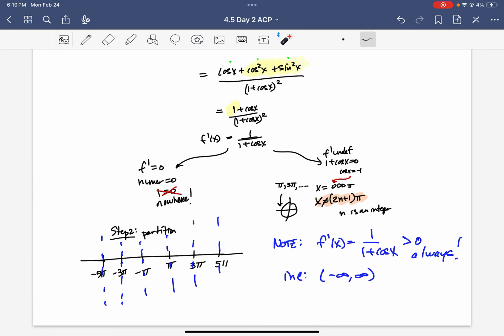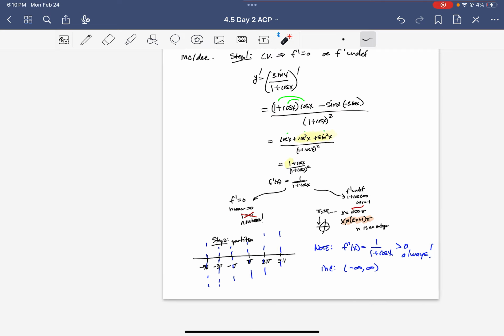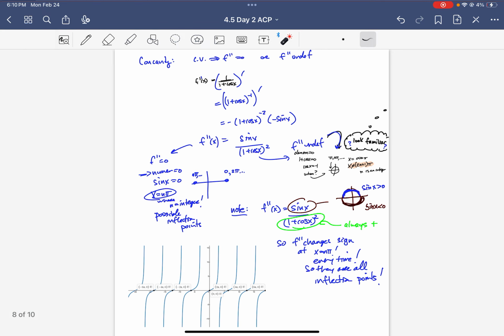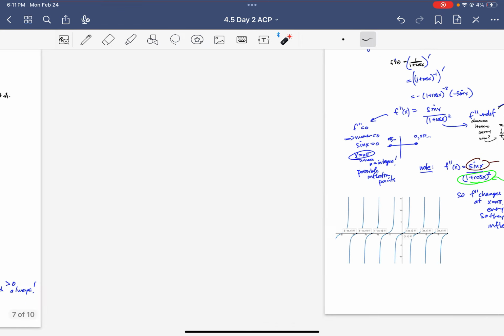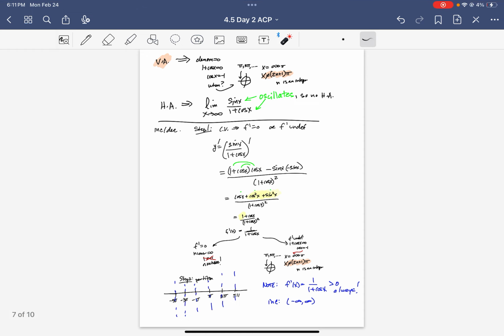And notice that this derivative is always going to be positive, because the biggest this ever is -1 in size in terms of being negative. And that's where vertical asymptotes are. But all the rest of the time, this is positive and this is positive. And so that means that my function is increasing everywhere on its domain.